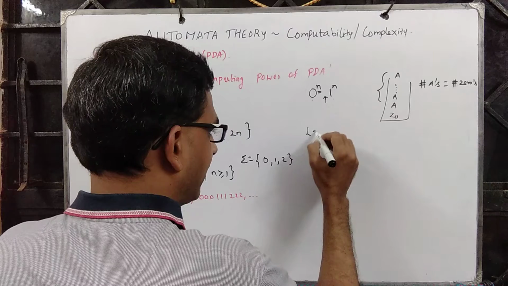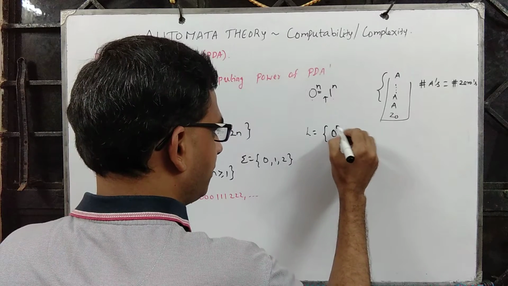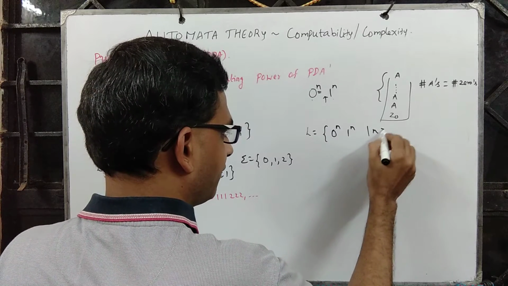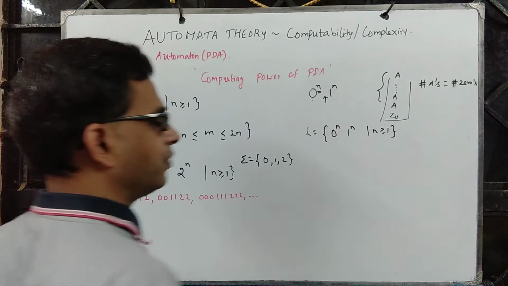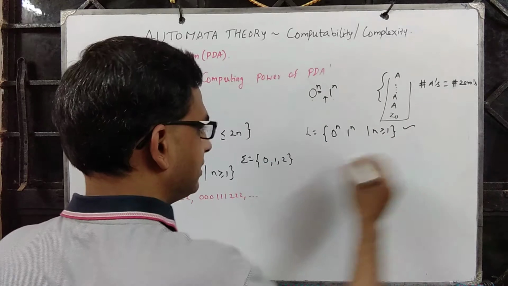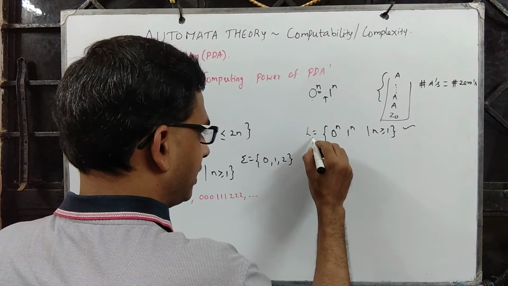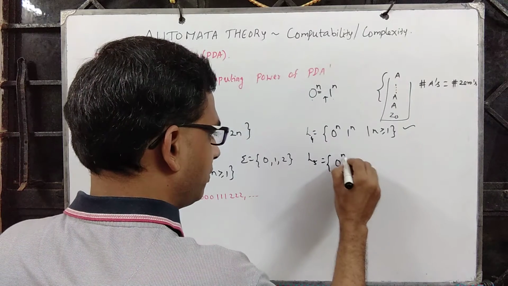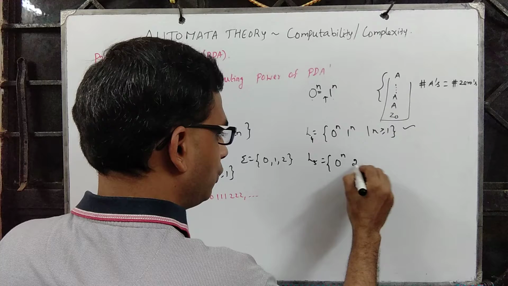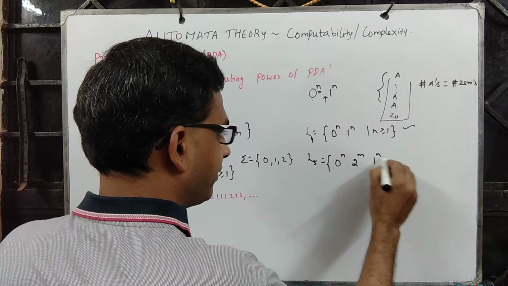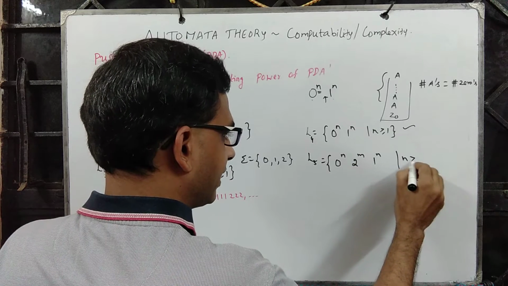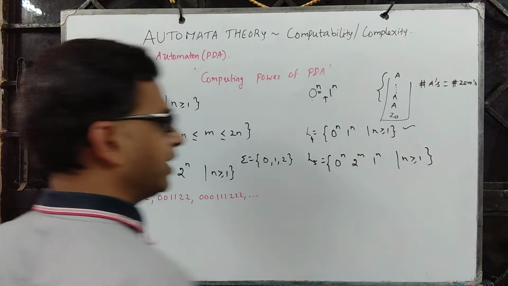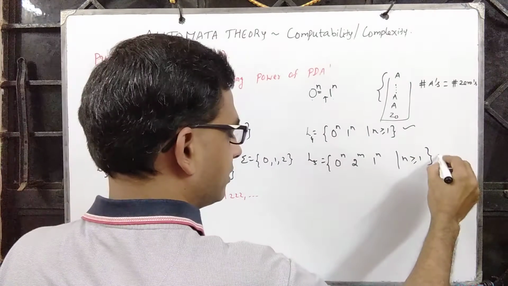Meaning for languages like 0 power n, 1 power n, where n is greater than or equal to 1, a PDA exists, and for languages like 0 power n, 2 power m, 1 power n, such that n is greater than or equal to 1, a PDA exists.